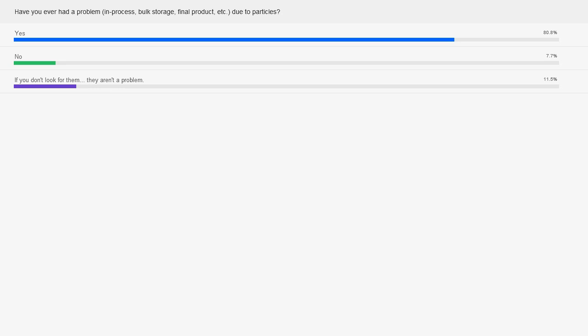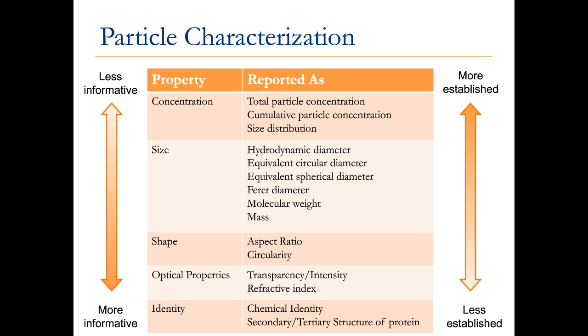Great. Okay. Well, when we discuss characterizing these particles, there's a lot of information we can actually get with a lot of the tools available. Obviously, the more established are your typical particle concentrations, trying to meet those USP limits of 788, 787, and obviously 790.